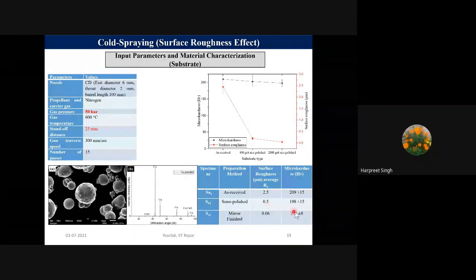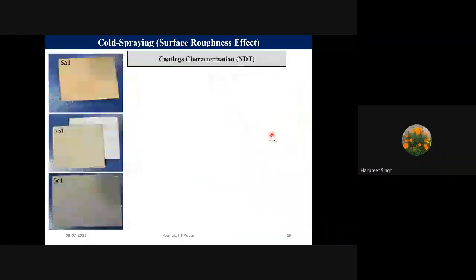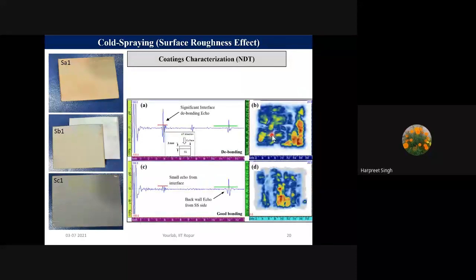And this is the hardness before coating. Anyway, roughness was varied here, so then we can produce these three types.